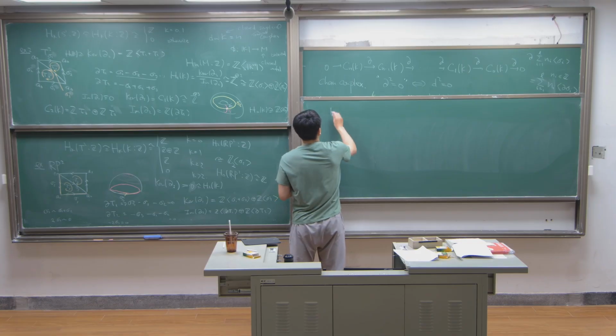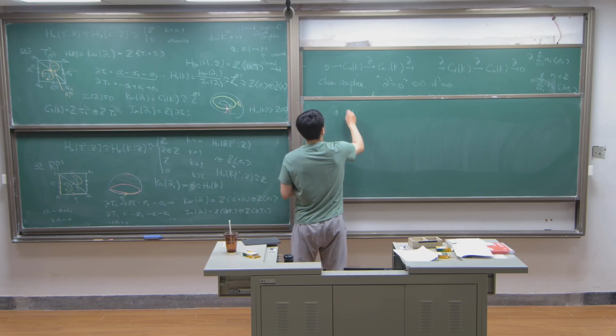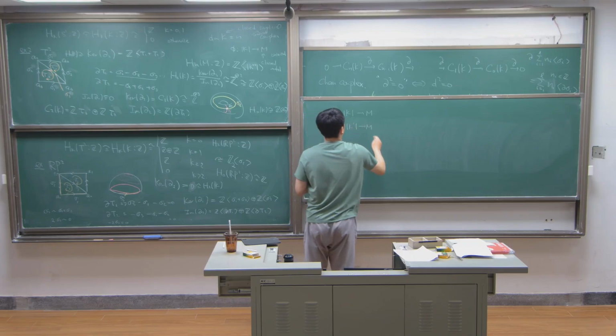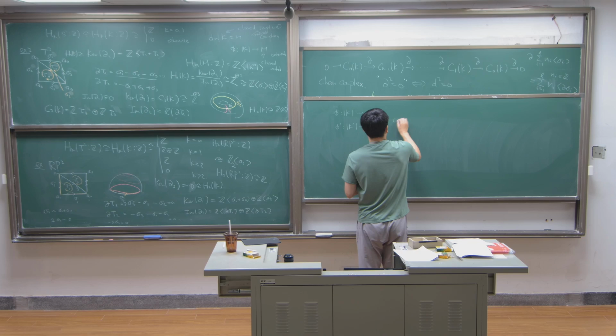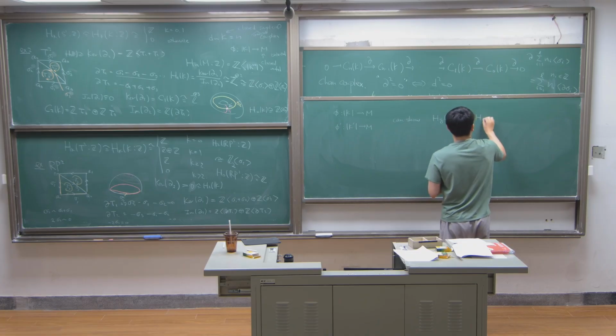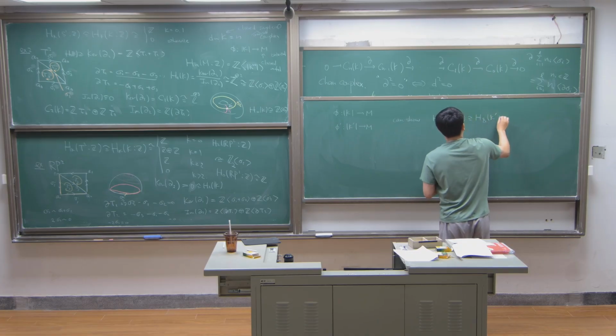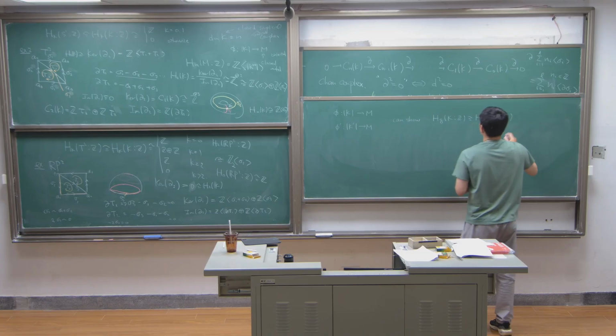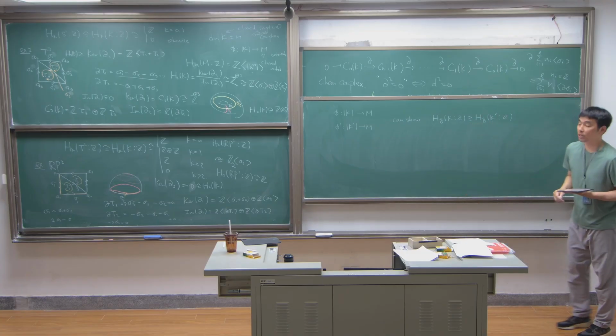If you have two triangulations, phi is K to M, phi prime is K prime to M, we can show that HQ of K with coefficients in Z is isomorphic to HQ of K prime with Z. So it's independent of triangulation, in fact.